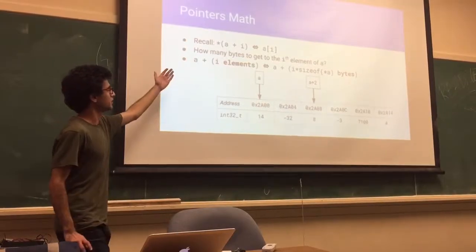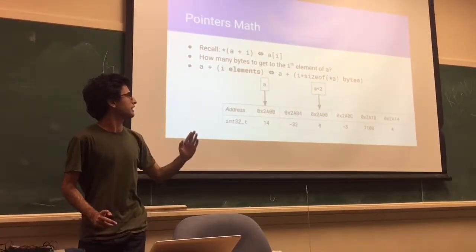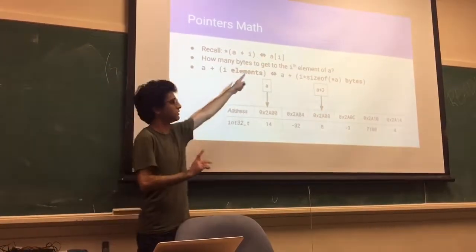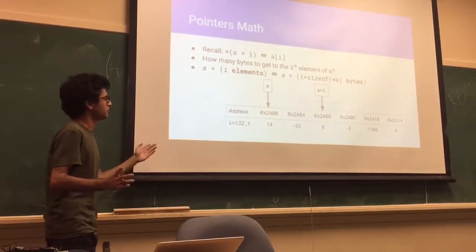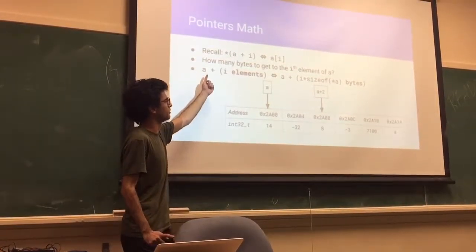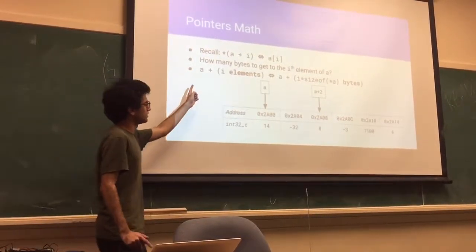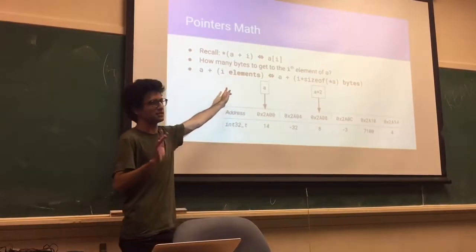Pointer math, basically this dereference operator, adding i, and then dereferencing, is just shorthand for the array access notation. The reason this is true: here's my next question. You see that this is a plus i elements. There are units here.